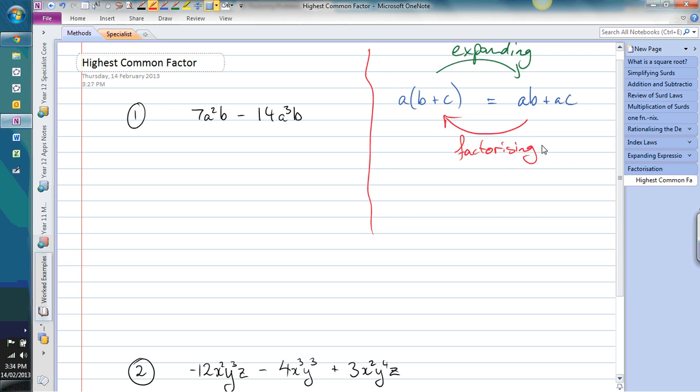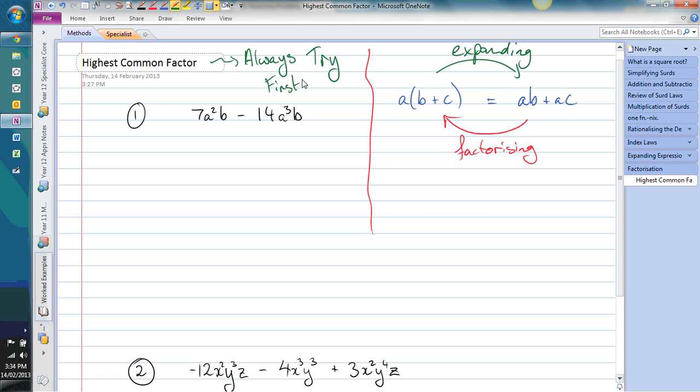Now, the problem with factorizing is it's often not as easy to factorize something as it is to expand it. The first method we're going to look at for this is called the highest common factor, and you should always check if this can be done. Always try this one first, before any other factorization methods that we're going to do later. The reason we want to do that is if we do the highest common factor, it makes the other methods easier.